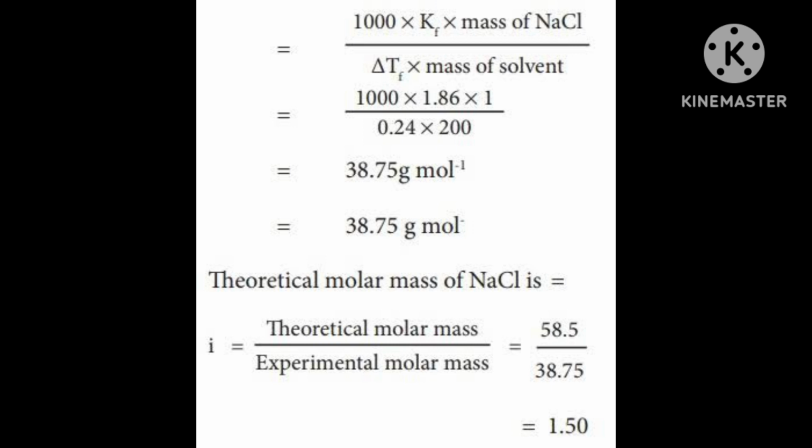But I told you always 100% it will not dissociate or associate. Little less than 100%. That's why the question is asking degree of association, because 100% it will not associate, maybe close to a whole number. Then that you have to calculate.